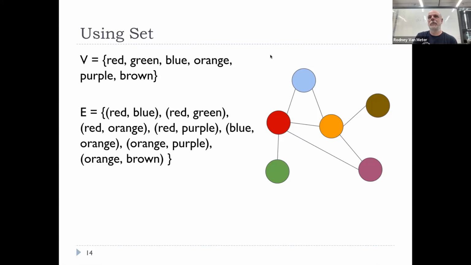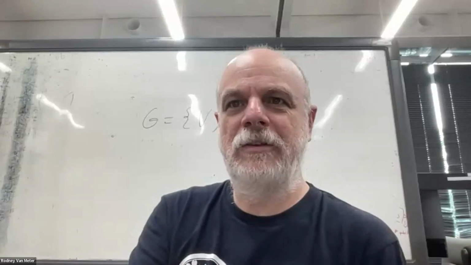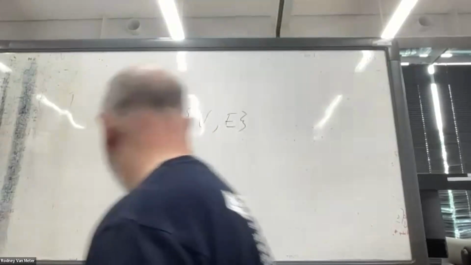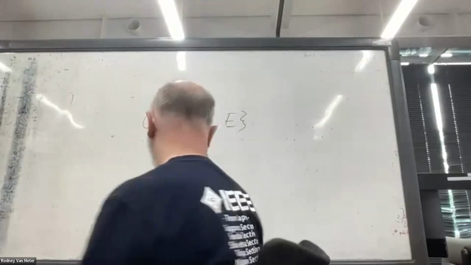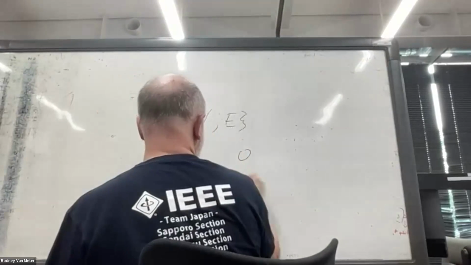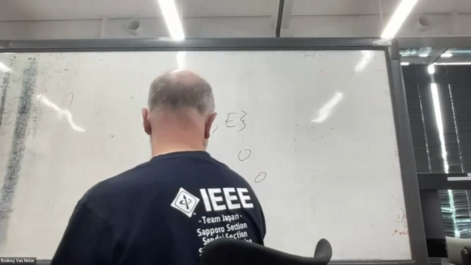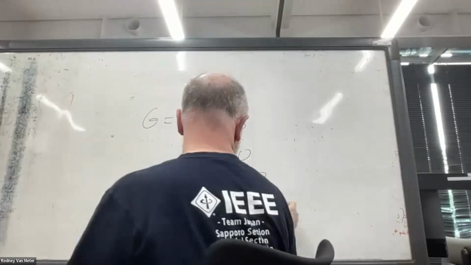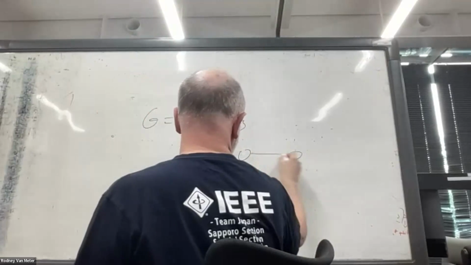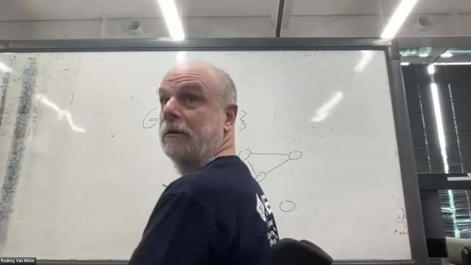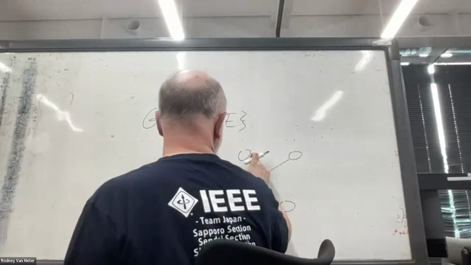Let's see, somebody put something here in the chat. 4, all right. 4 edges. Let's see. Let's take this graph. 1, 2, 3, 4, 5, 6, and we have this. Let's see, is this right? Whoops, no edge there.